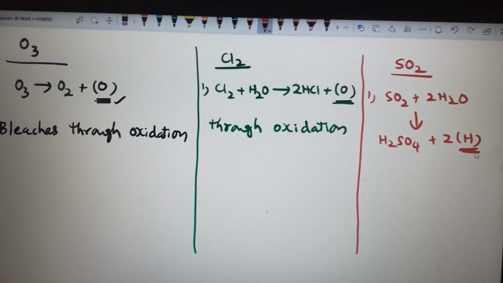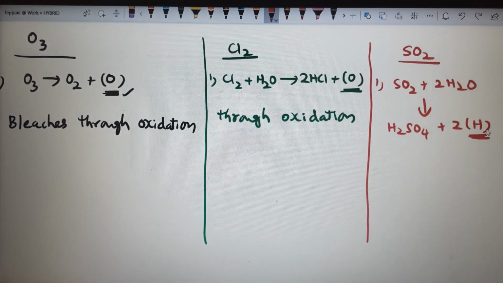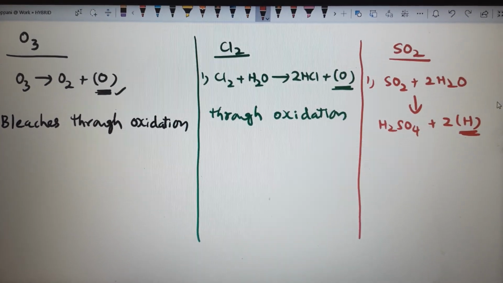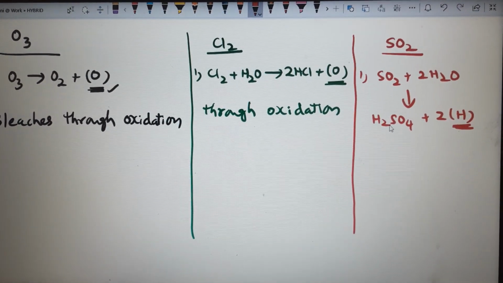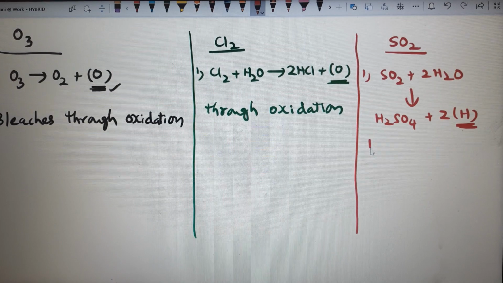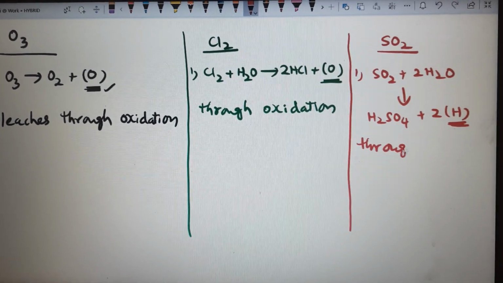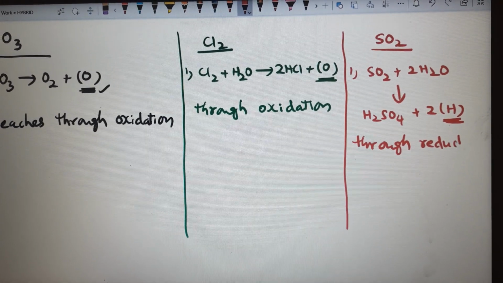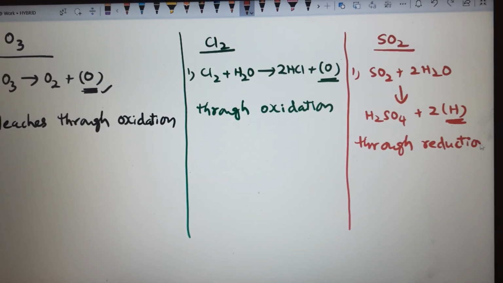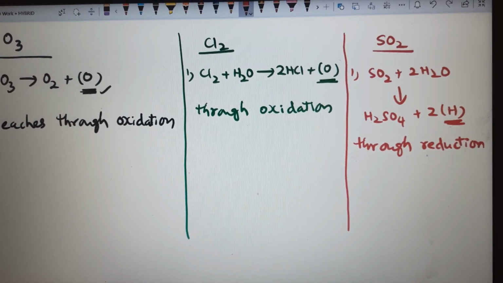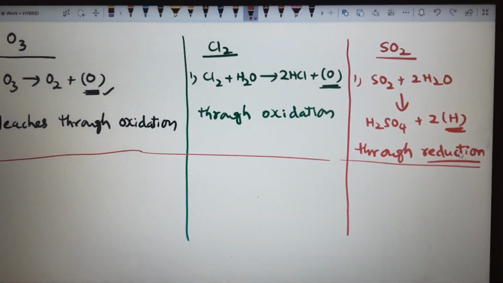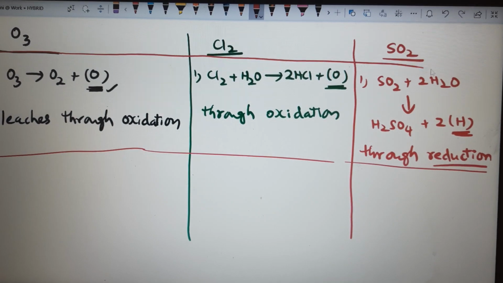These hydrogens are responsible for bleaching action. Means these hydrogens will reduce the colored matter, so that will become colorless. Means it bleaches through reduction.